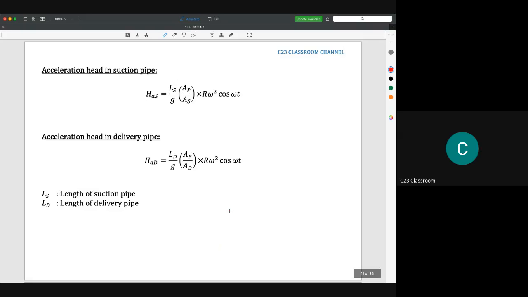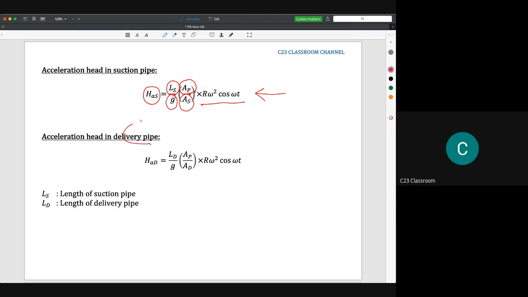And then the acceleration head in the suction pipe, we represent as HAS. So H is head, A is acceleration, and S is for suction, by this equation. We have the length of the suction pipe divided by gravity, and then the cross-sectional area of the piston divided by the cross-sectional area of the suction pipe, and then we multiply by r omega square cos omega t, which is the acceleration.